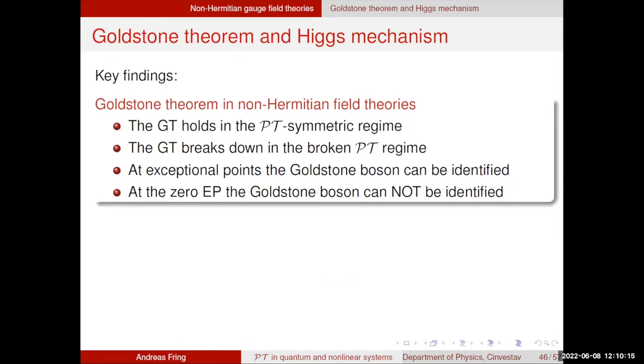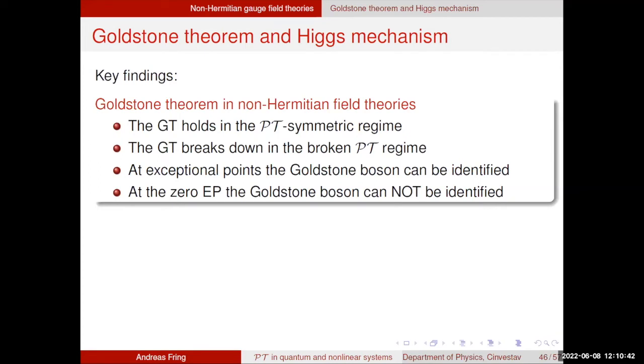So the key findings here, so we look at the Goldstone theorem and we look at the Higgs mechanism. And the key findings, I already anticipate this here, and I explain it in a bit, not too many details because of time. So the Goldstone theorem holds in the PT-symmetric regime. It is broken, or it's no longer valid in the broken regime.